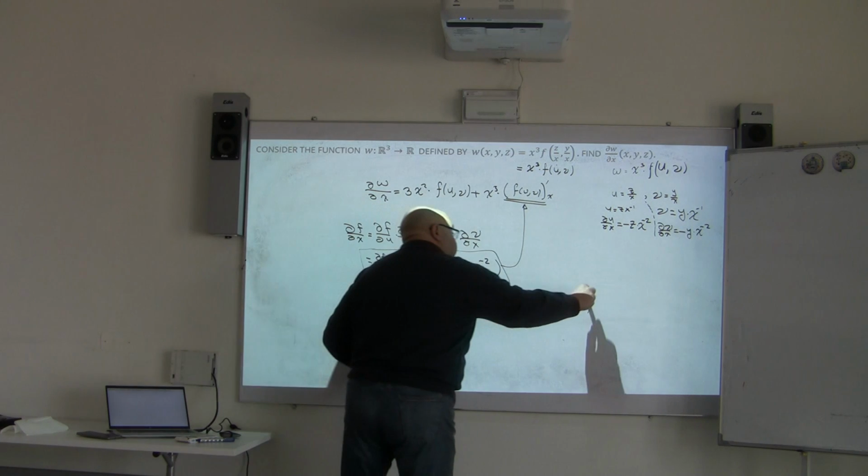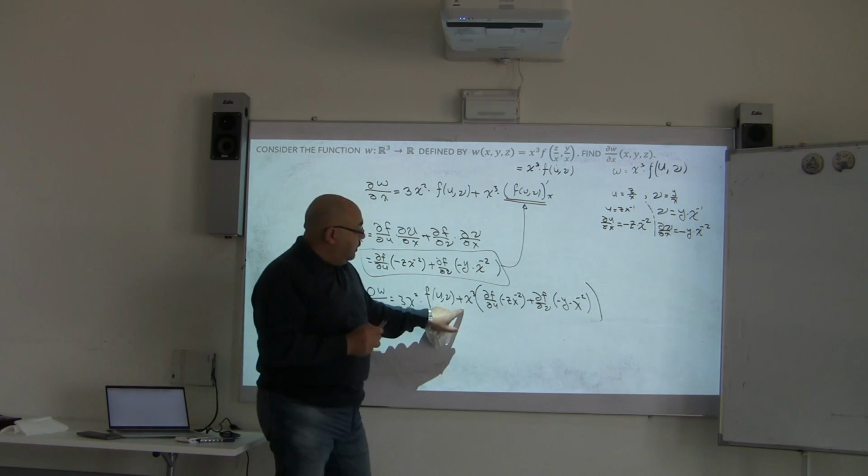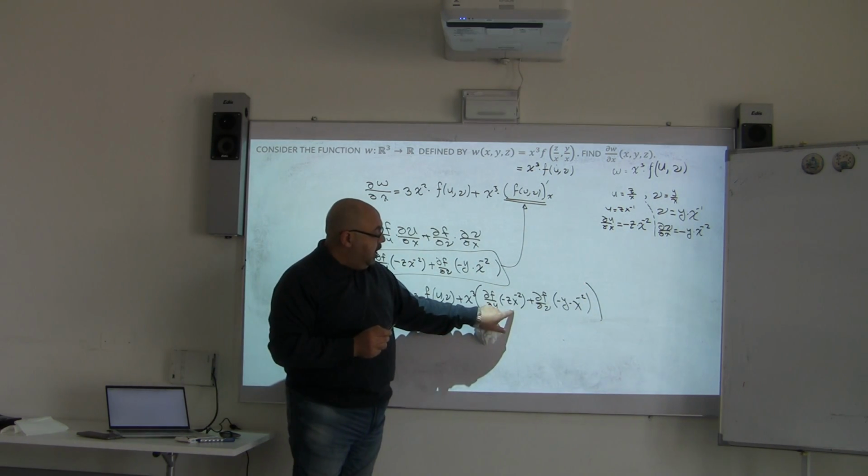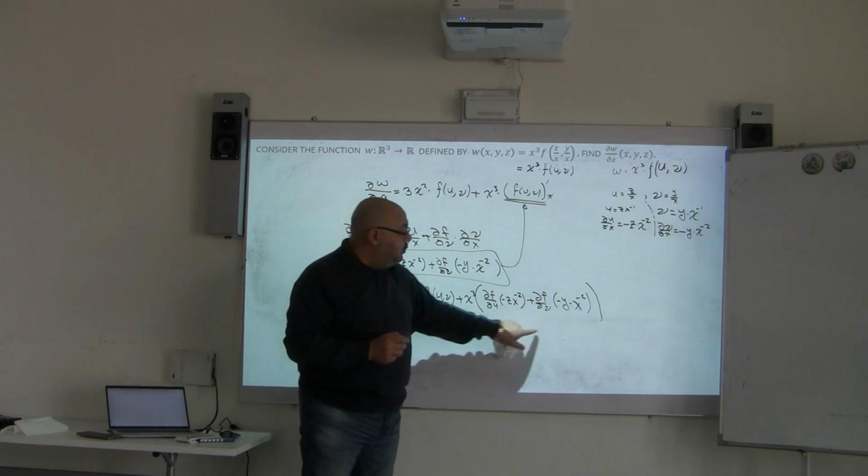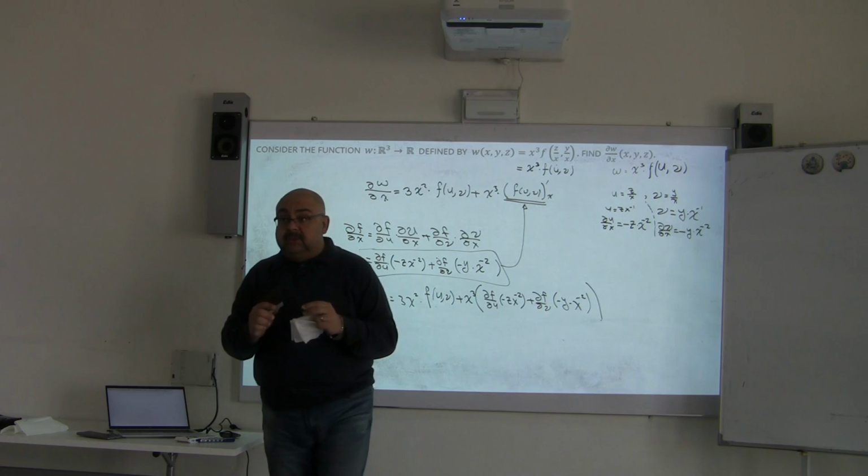Then I will simplify by multiplying x cubed one time in negative z x to the power of negative 2, and then x cubed times this guy, as you will see.